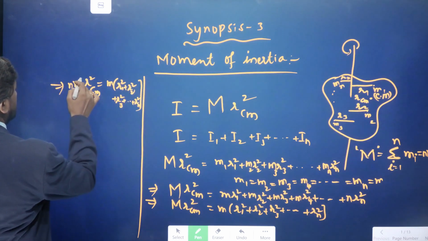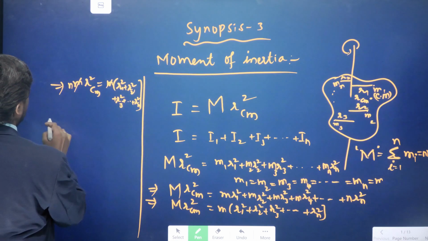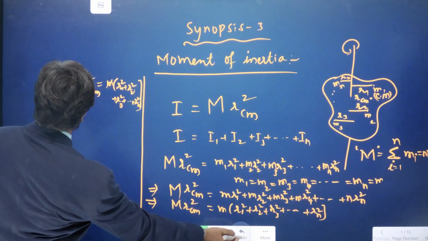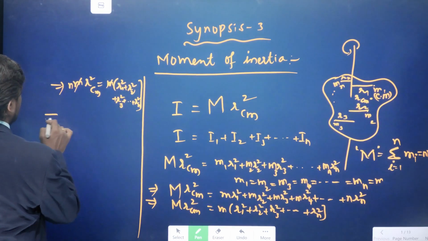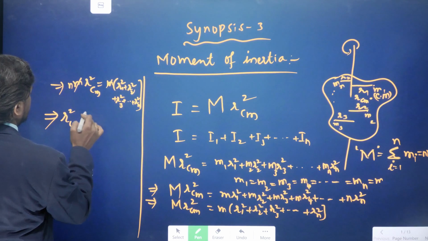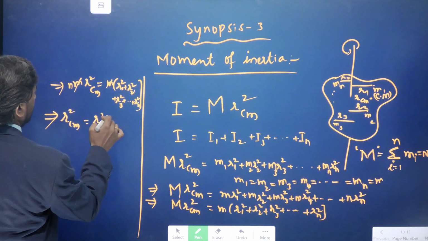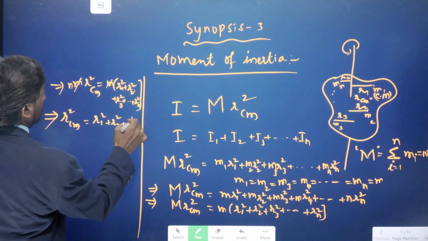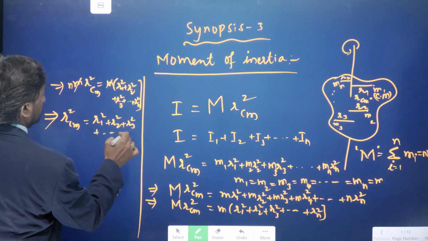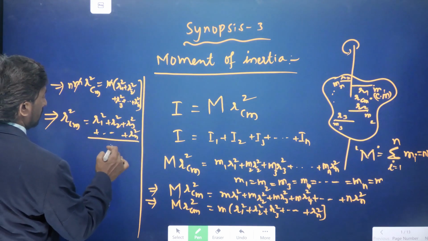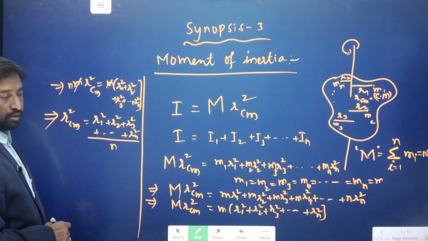Now m and m cancel, so we get RCM square equal to R1 square plus R2 square plus R3 square, and so on up to Rn square, divided by n.